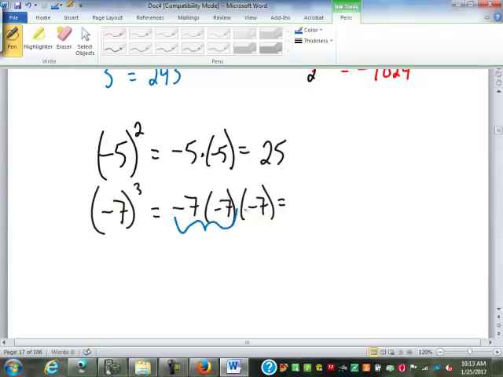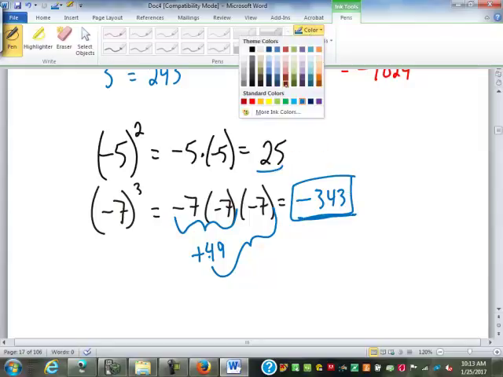Negative 7 times negative 7 is, I'm sorry, not negative 49, but positive 49. Right? Negative times negative is a positive. Times another negative 7. Well, a positive times a negative will be negative. 49 times 7 is 343. So here, I did get a negative result. Up here it was positive.